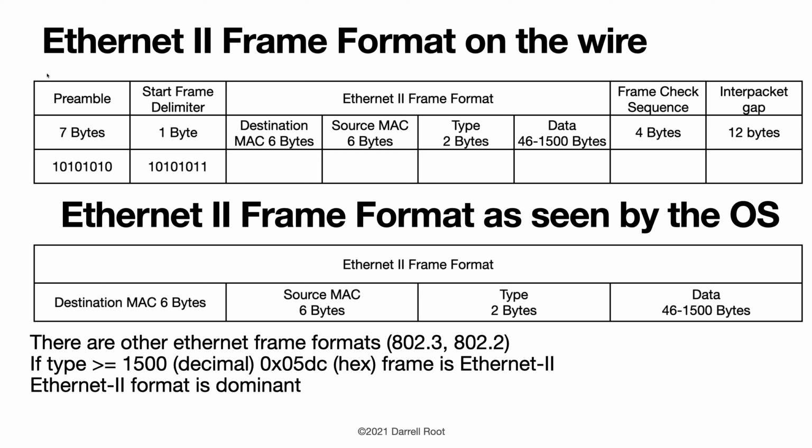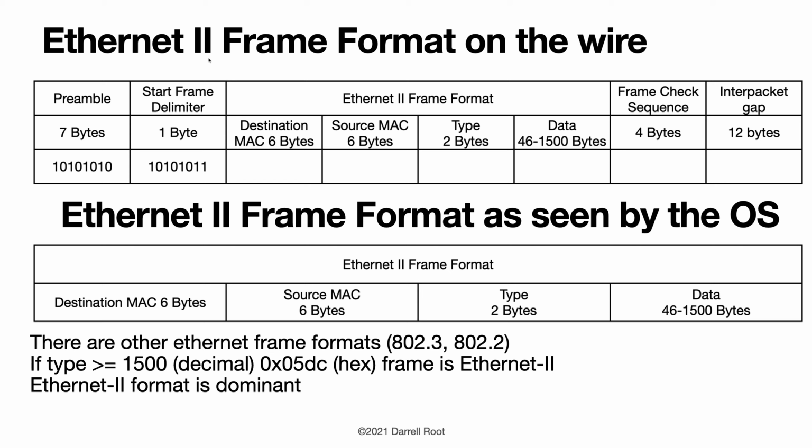However, those formats are only used for a few protocols. And what's interesting is on a physical Ethernet network, you might have examples of one Ethernet frame format go by, and then an example of another Ethernet frame format go by. And later in the course, I might show you an example of that. However, 99% plus of the frames that you're going to see are the Ethernet 2 frame format, which we're going to cover in detail.